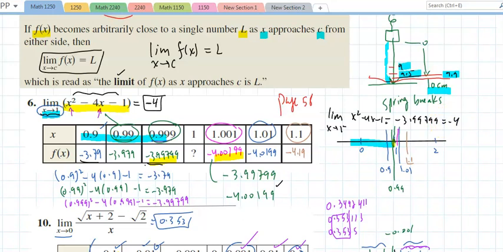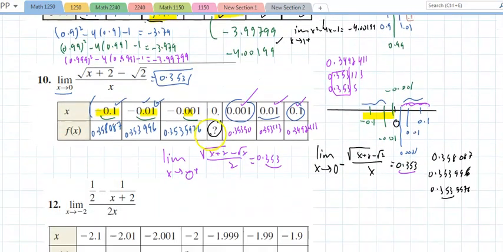And do you notice all of these numbers here are above 1? We say the limit as x approaches 1 from the right of x squared minus 4x minus 1. And what did we get there? We actually got negative 4.19, 4.019, negative 4.00199, which is roughly a negative 4. So here, this is going to approach a negative 4.